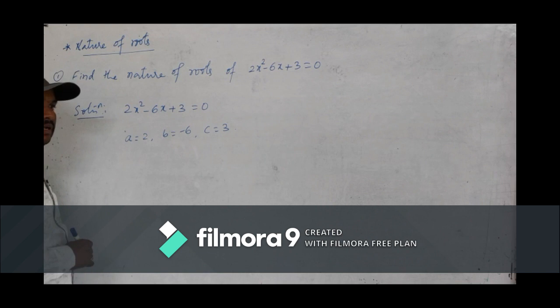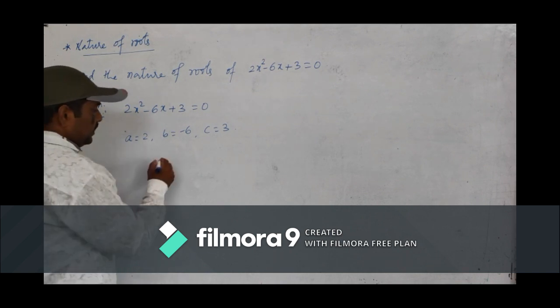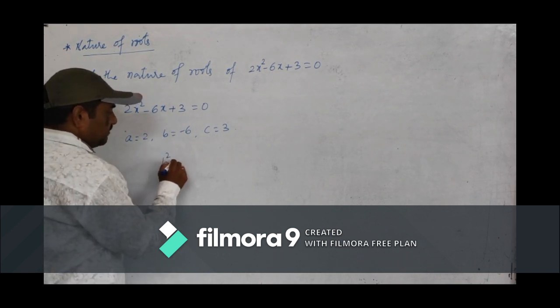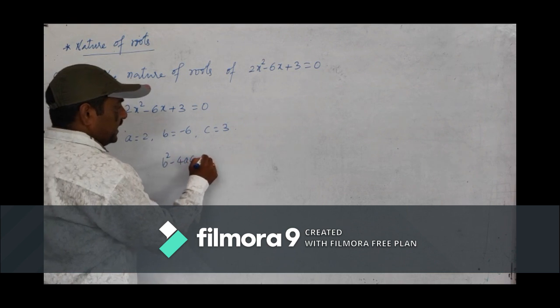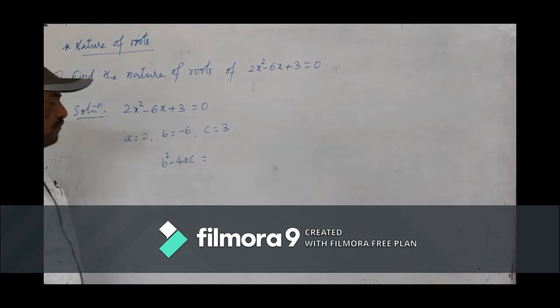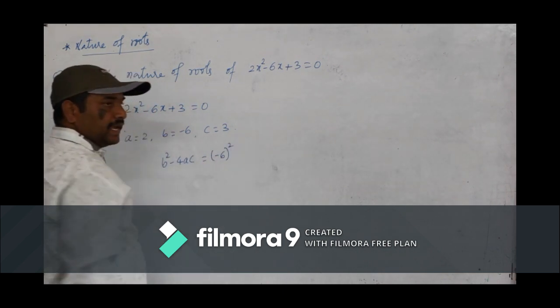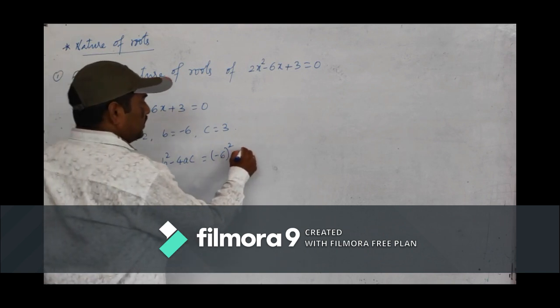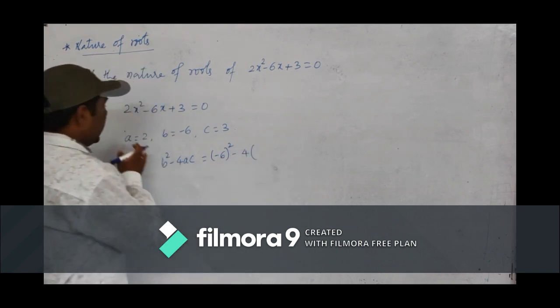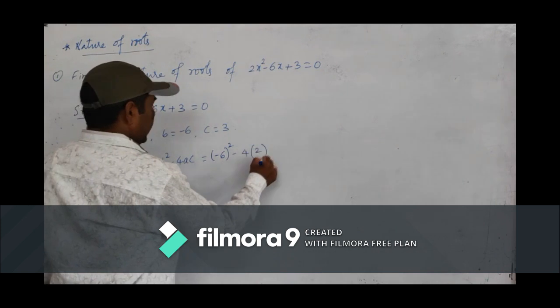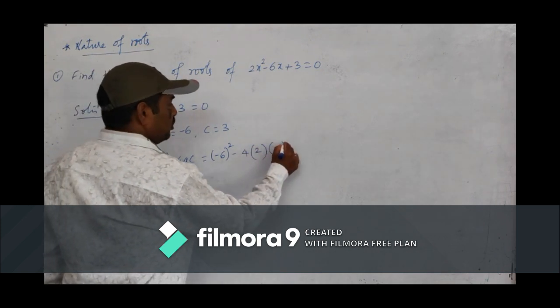Now you have to find the value of discriminant, that is b square minus 4ac. b value is minus 6, so it is minus 6 whole square minus 4 into a is 2 and c is 3.